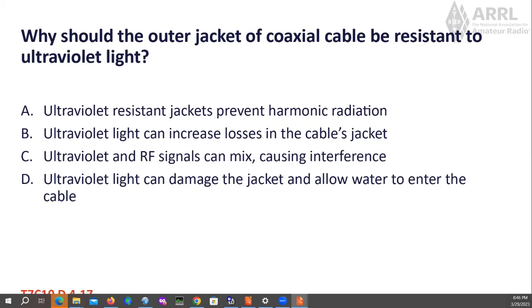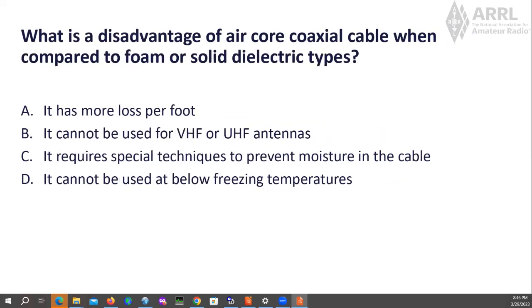It is D. Ultraviolet light can damage the jacket and allow water to enter the cable. What is a disadvantage of air core coaxial cable when compared to foam or solid dielectric? C. It requires special techniques to prevent moisture in the cable.